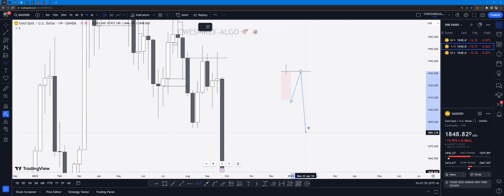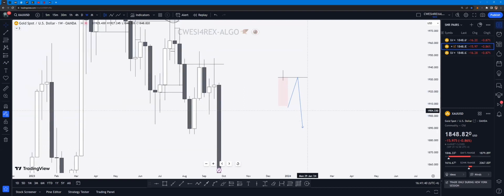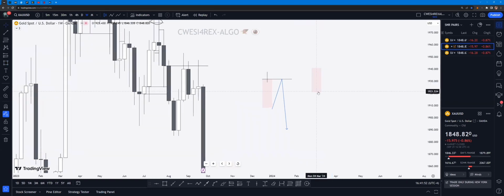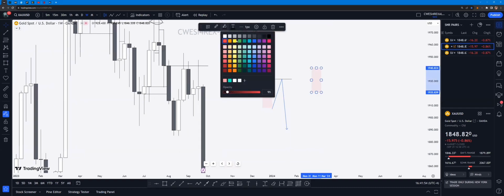What I prefer, if I'm looking for sell opportunities, is a bullish gap level.